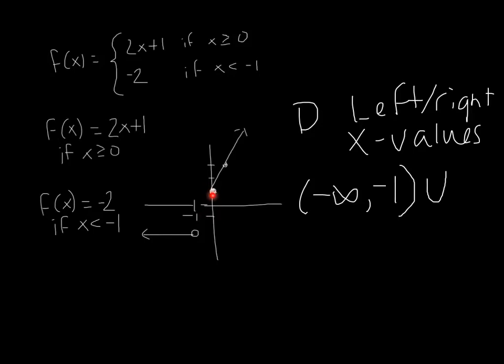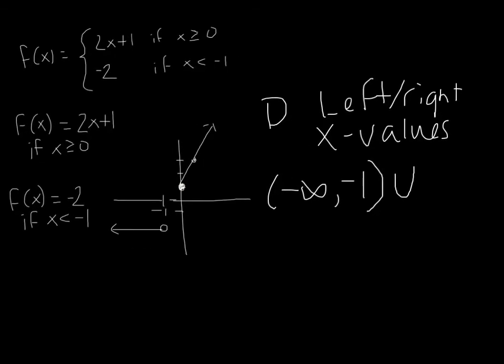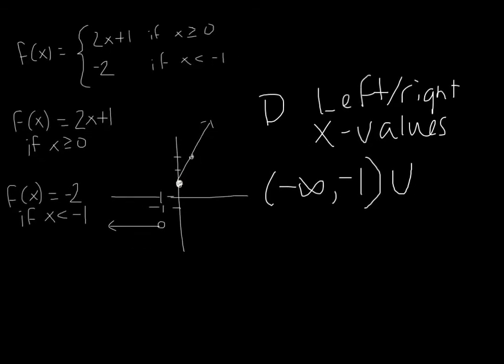Then the graph starts again at 0, and that's included. That's a solid dot there. So we're going to put bracket 0, and then this arrow tells us the graph goes all the way over to the right, which will be infinity. And you always use parentheses on infinities.